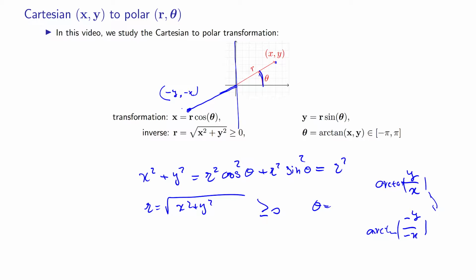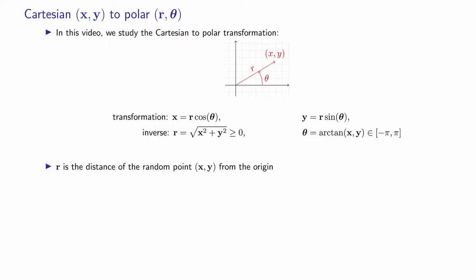So this is why in MATLAB we use another function, written arctan2, with another letter, and then you put x comma y. You don't divide y by x. So in that case there is going to be a one-to-one relationship between these two.